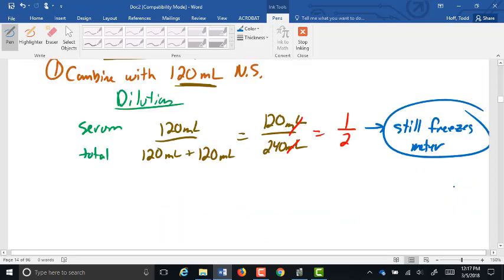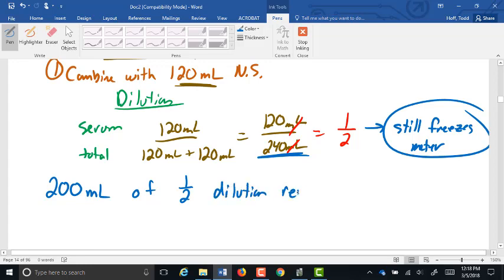Well, the process of testing is going to use up some of that sample. We had 240 milliliters total. Let's say that it used 40 milliliters to test it. So 200 milliliters of that 1 in 2 dilution remain.